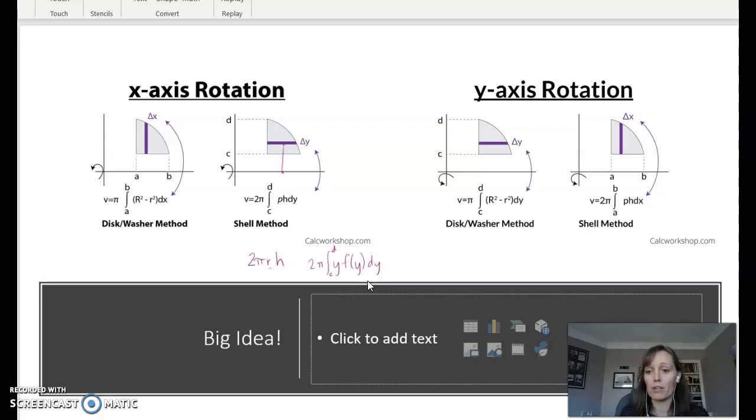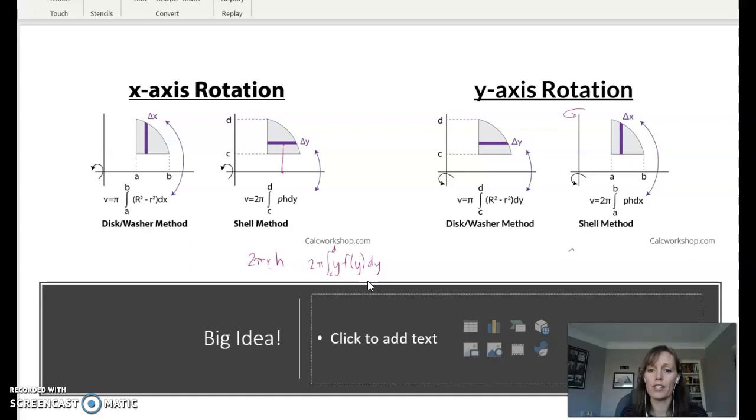For the shell method around the y-axis, you can see that your rectangles here are upright. They're parallel to the y-axis, and so you're rotating it around this way. So we look at the height of that rectangle being the function defined in terms of x, and then the radius of that rotation is going to be the x value.